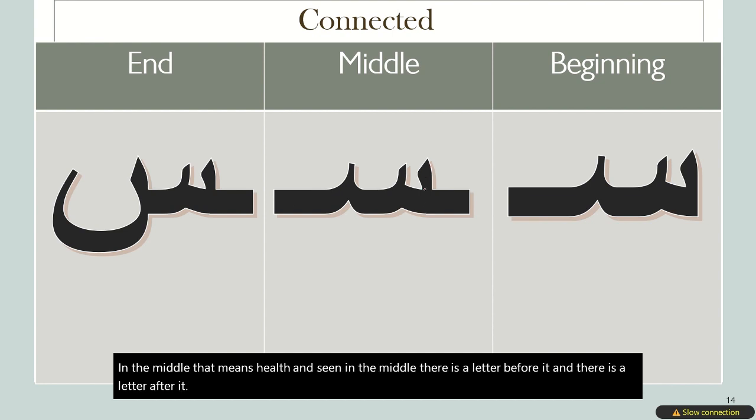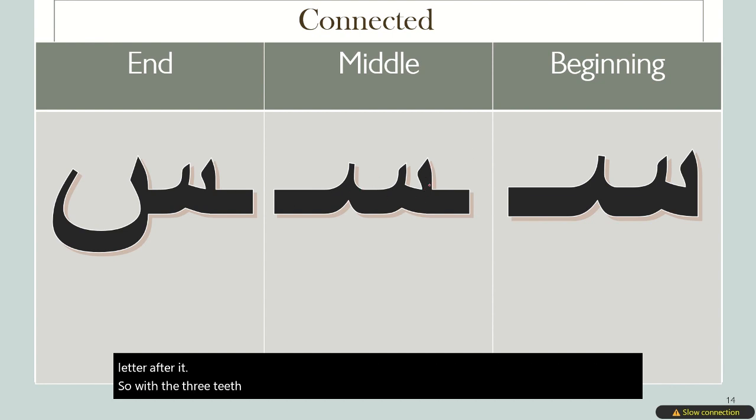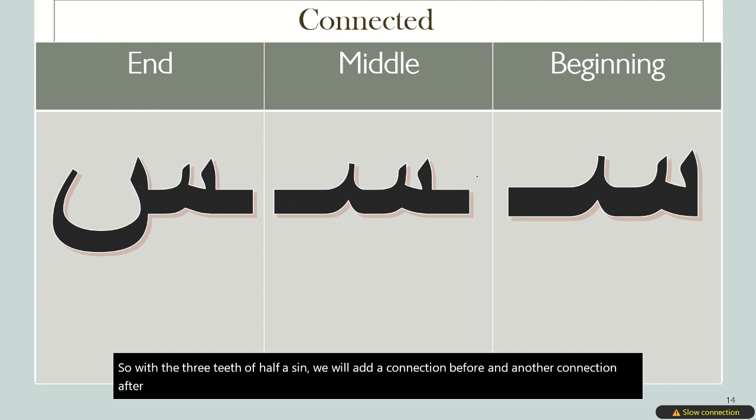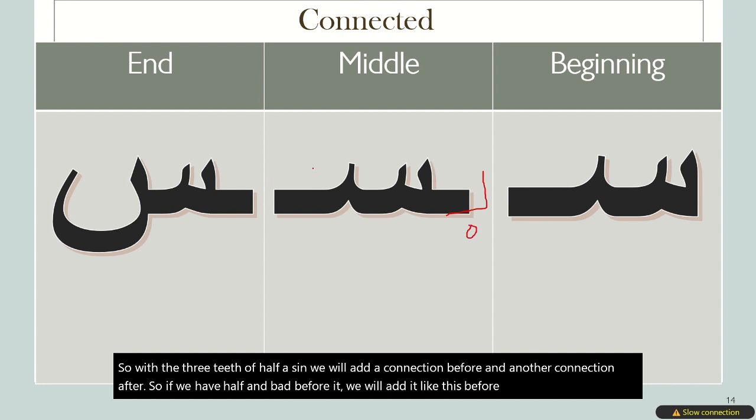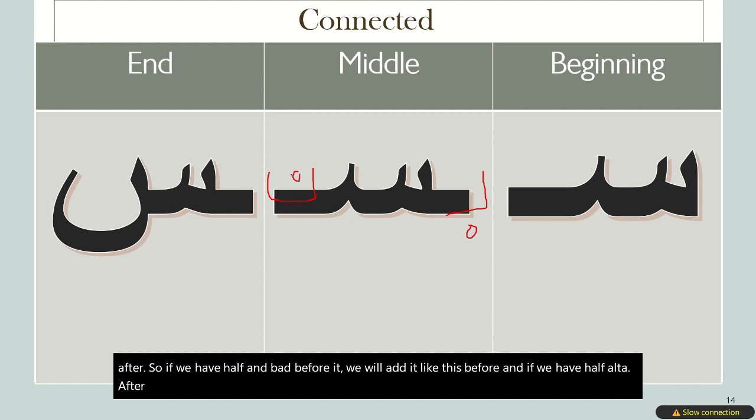So with the three teeth of حرف السين, we will add a connection before and another connection after. So if we have حرف الباء before it, we will add it like this before, and if we have حرف التاء after it, we will have it here like this.